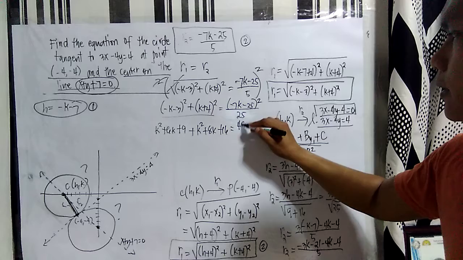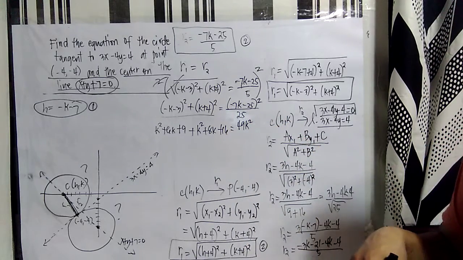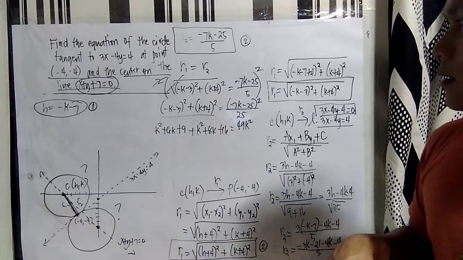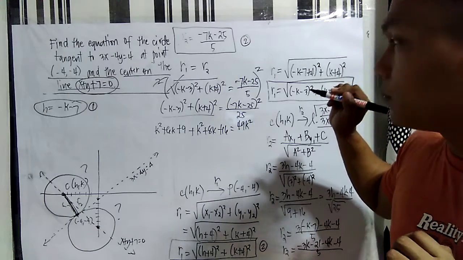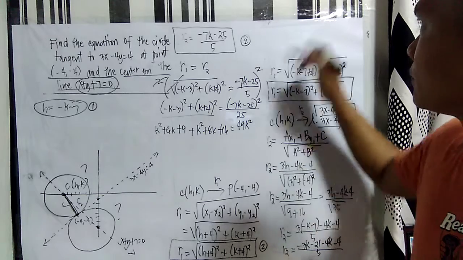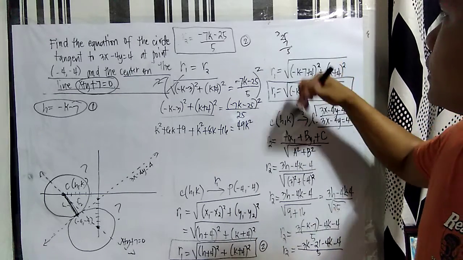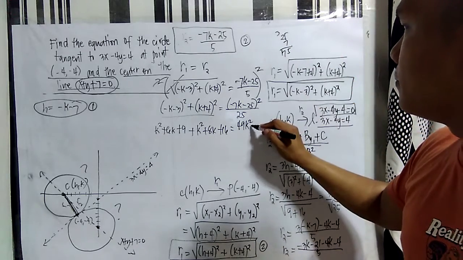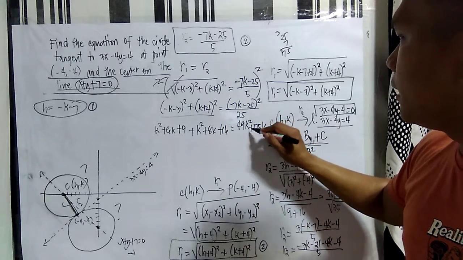We have 49k square. Negative 7 times negative 25 is positive, 25 times 7, 175. Plus 175k.